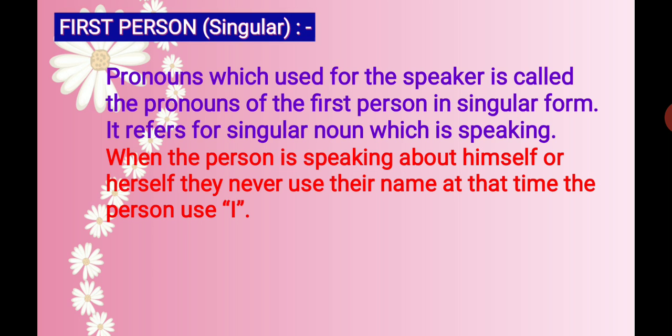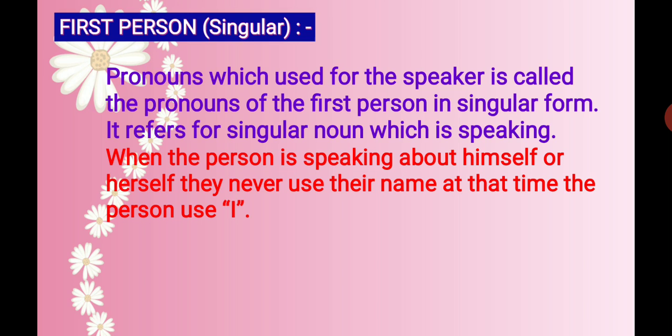When a person is speaking about himself or herself, they never use their name. At that time, the pronoun used is I. It means that when anybody is talking about their own self, we don't use our name.